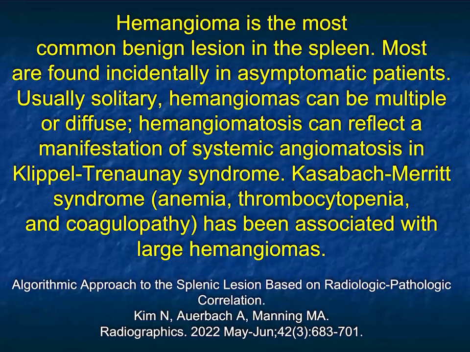We talk about hemangiomas, most common benign lesion in the spleen. Most are incidental. You can see multiple hemangiomas or hemangiomatosis in patients with certain syndromes like Klippel-Trenaunay-Weber, Kasabach-Merritt syndrome. But again, it's unusual to see these.